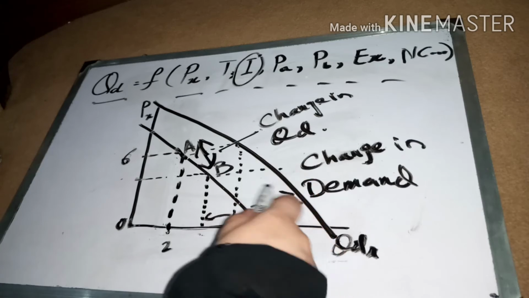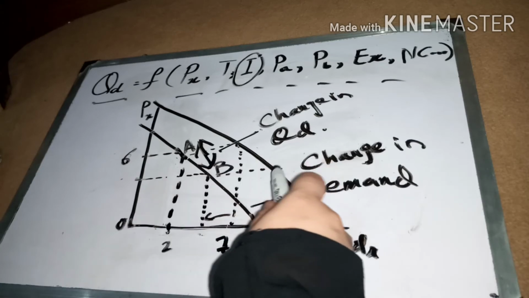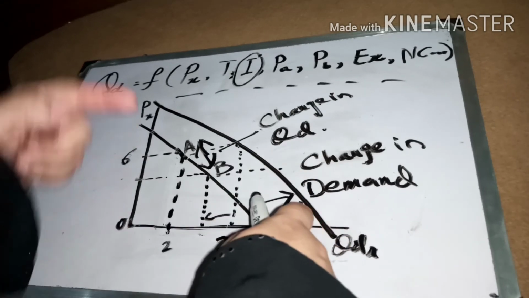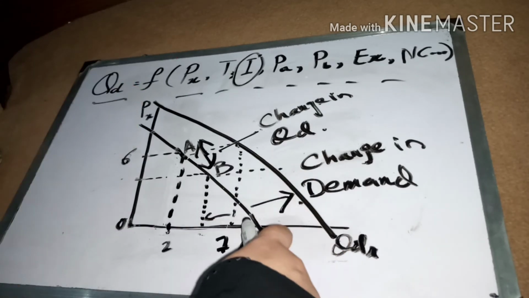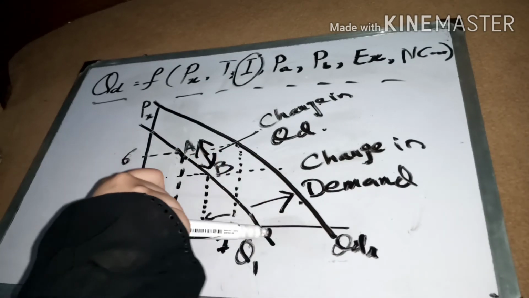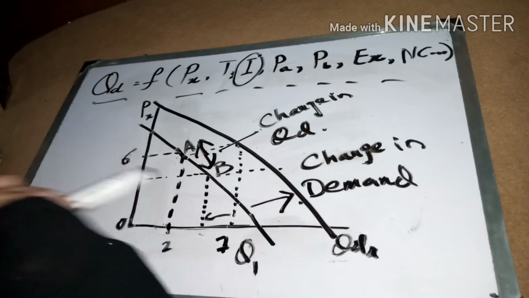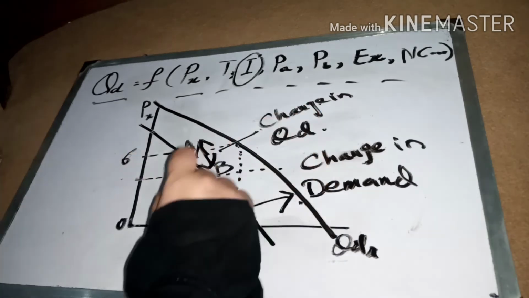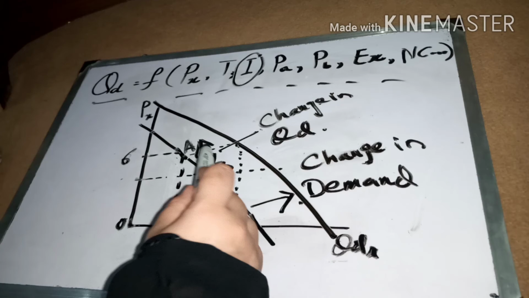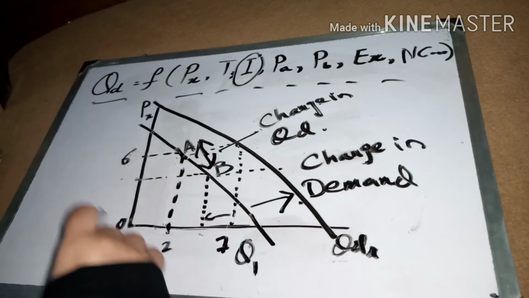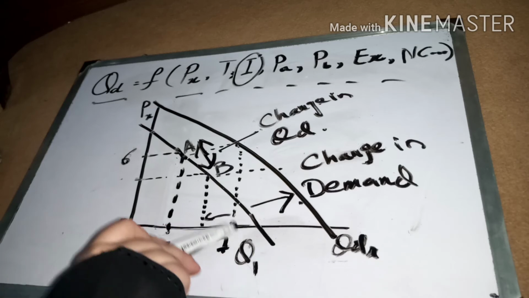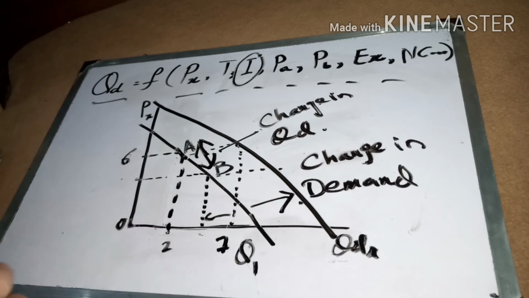The outward or inward shift is the change in demand, and that occurs when the factors which we have held constant are affected. The movement along the same demand curve is the change in quantity demanded, which occurs when the price changes, and due to the price change, the quantity demanded of that product changes.